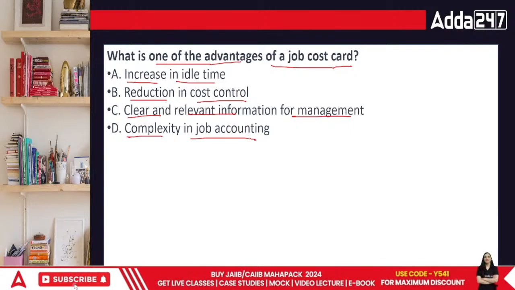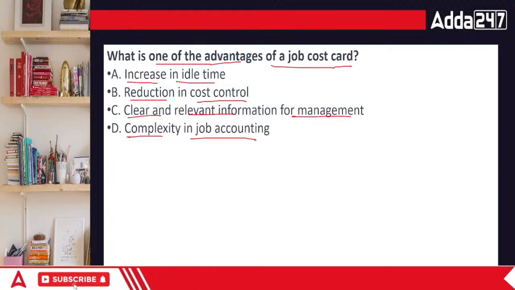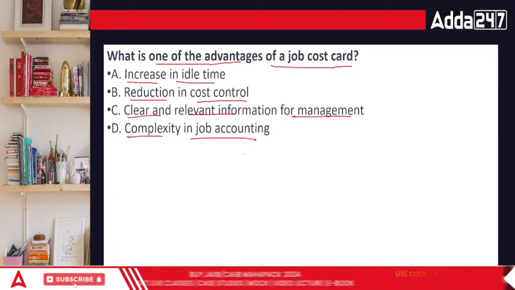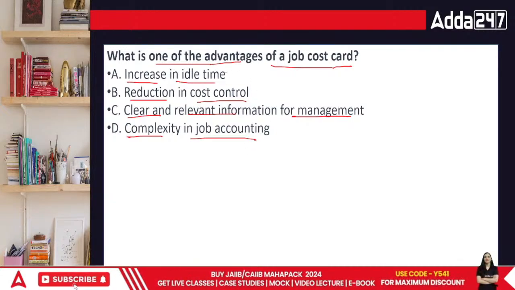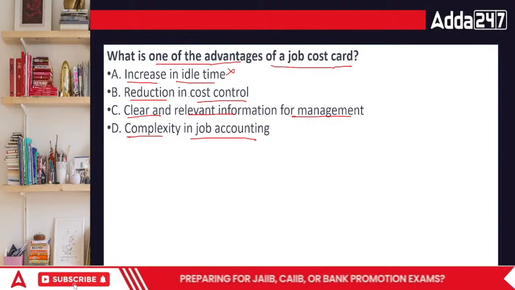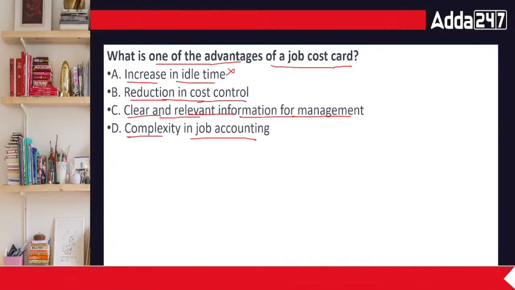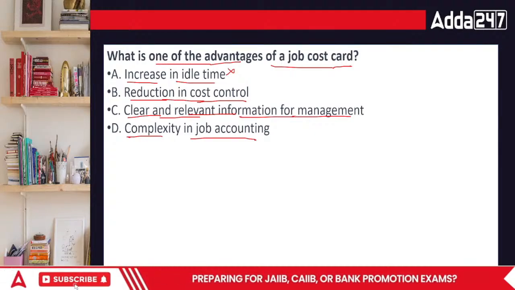Advantages of job cost. Increase in idle time, that might be a disadvantage of anything, you know. Then reduction in the cost control. How can we reduce the cost control? By actually tapping every cost. Clear and relevant information for management or complexity in job accounting.